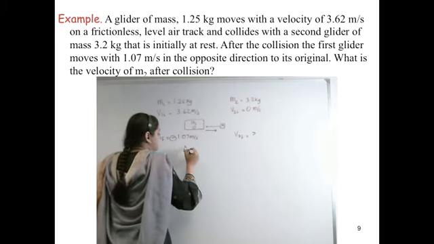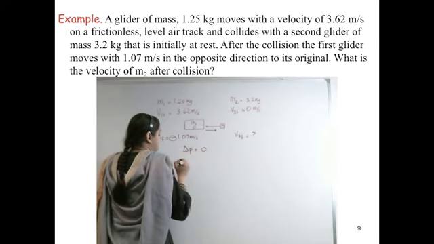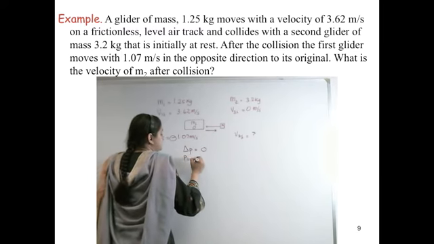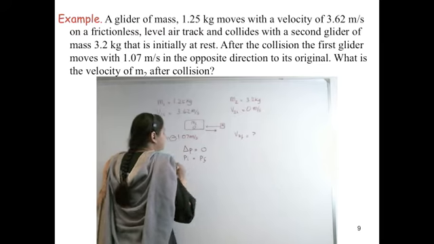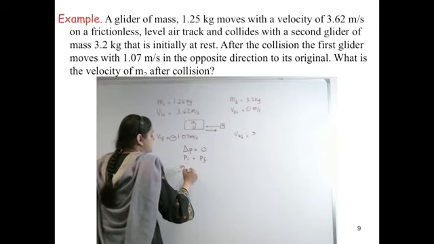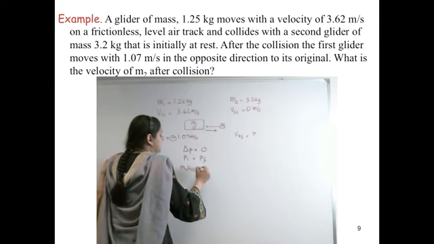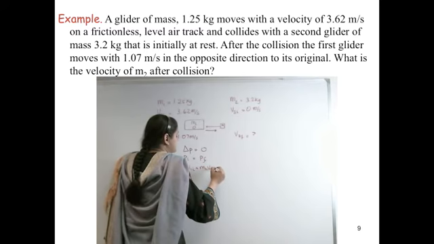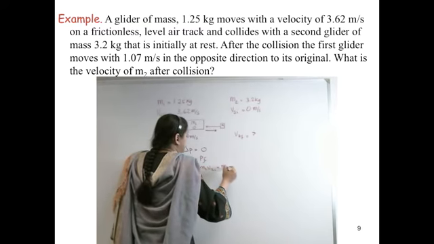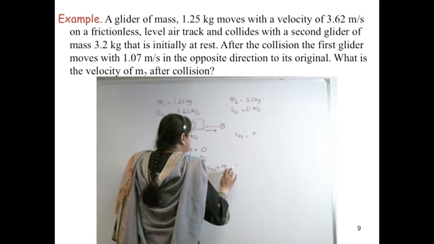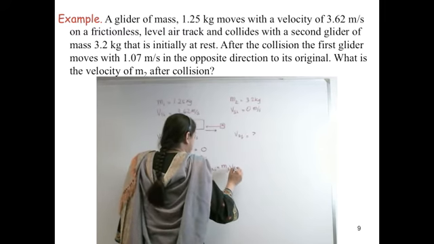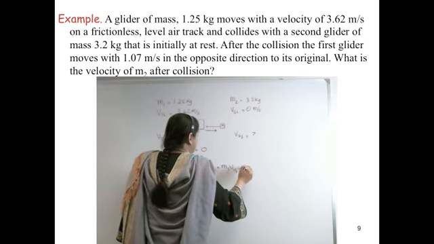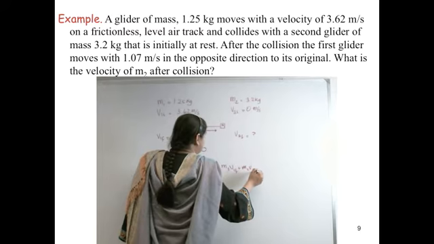So if the momentum is conserved, delta P will equal 0. That means P initial should equal P final, which means m1 v1i plus m2 v2i equals m1 v1 final plus m2 v2 final.